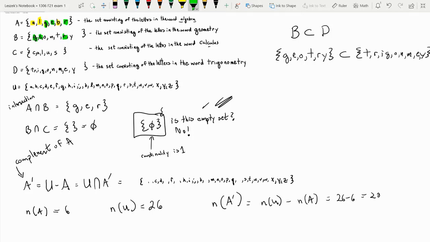Let's just check these off: G, E, O, T, R, and Y. So this is a proper subset, because B is a proper subset of set D. Oh, thank you.